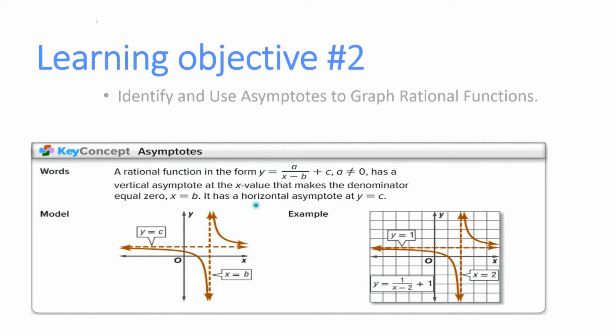It has a horizontal asymptote at y equals c. From this statement, we understand that a rational function will have vertical and horizontal asymptotes.